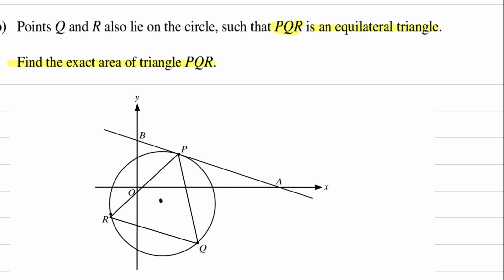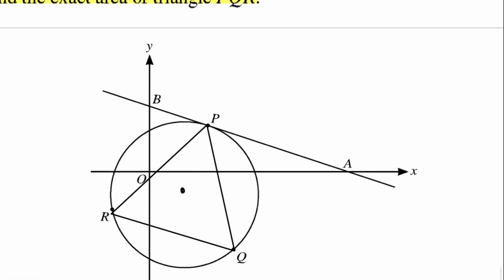And how to find the area of this equilateral triangle? The trick here is we know that the center to P, the center to R, the center to Q, all of them are radius. So instead of calculating all of them, we calculate one of these first. And due to symmetry, this area will equal this and also equal this.